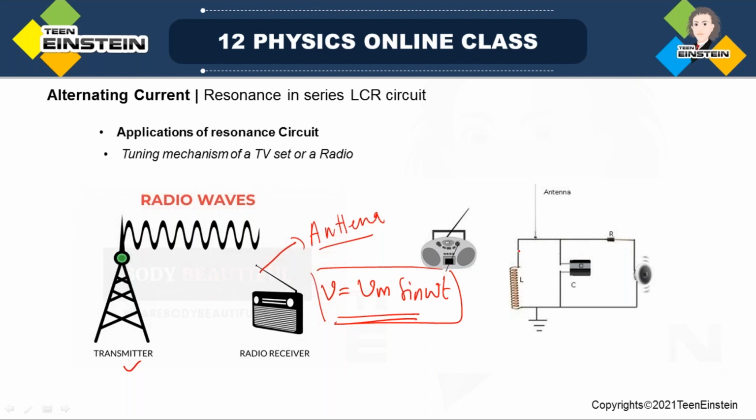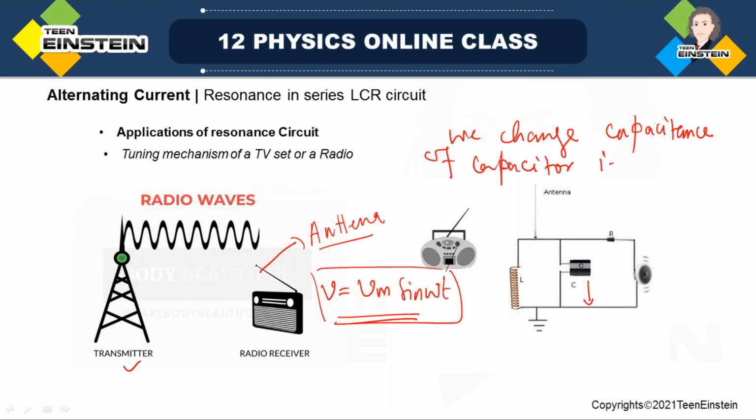After accepting this, in your radio there will be a series LCR circuit. By just rotating the knob, we change the capacitance of the capacitors in the series LCR circuit present in the radio.